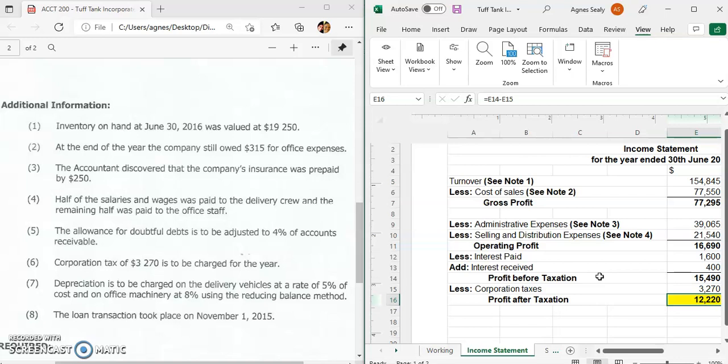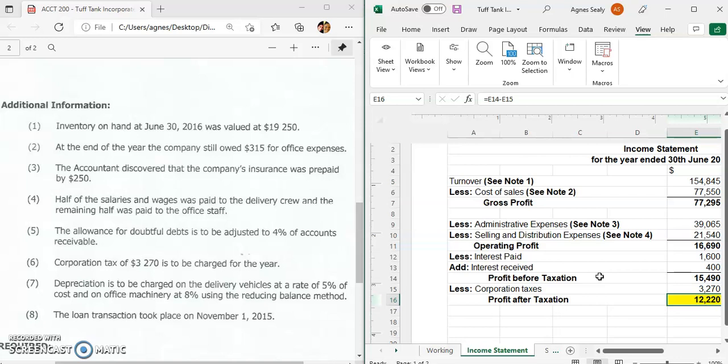Then we will subtract our transfers to the various reserves and the dividends that were paid. If there was a transfer to general reserve, you would put in your transfer to general reserves. If there was a transfer to, let's say, a fixed asset replacement reserve, you would also include that.